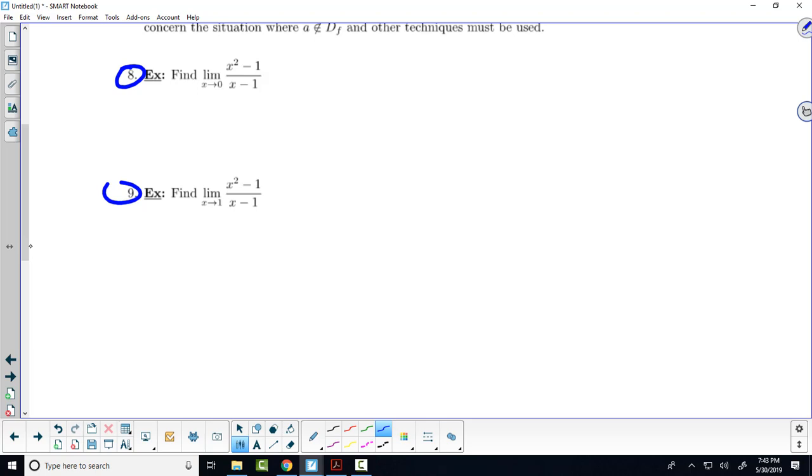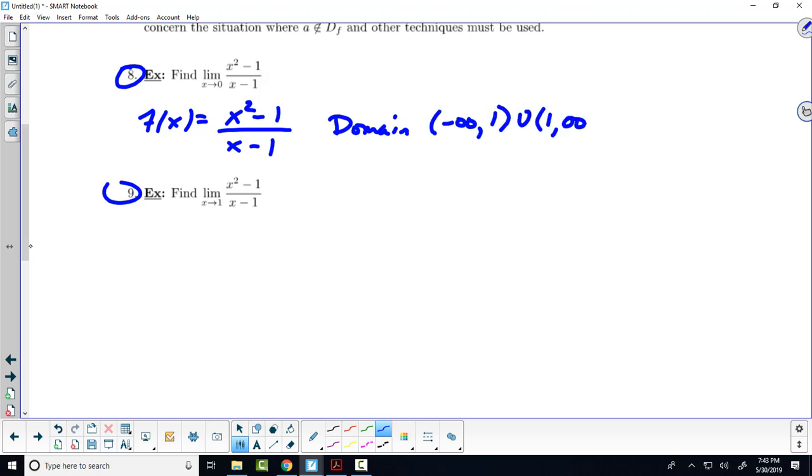What's our function here? f of x is equal to what? What's the domain of f? That's the domain. What's our limiting value? What is 0 in relation to the domain? It's in the domain.